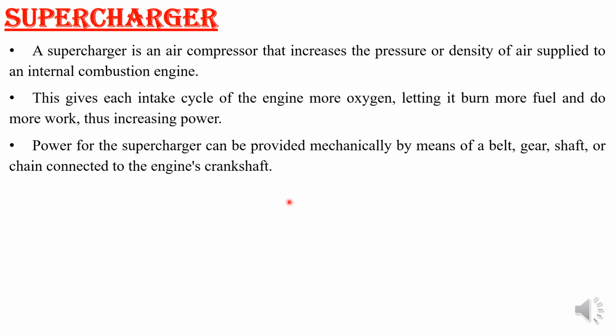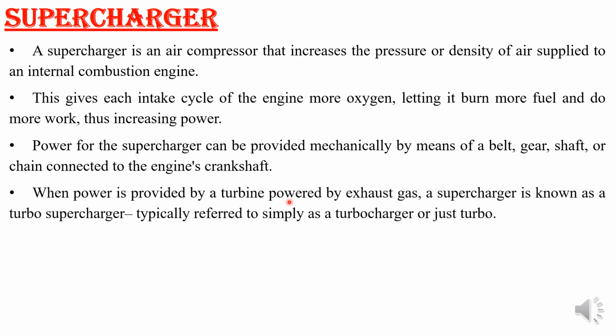When power is produced by a turbine, that is nothing but your turbocharger. So the turbocharger is also a type of supercharger. In the turbocharger we provide one turbine, and that turbine is run by your exhaust gas.